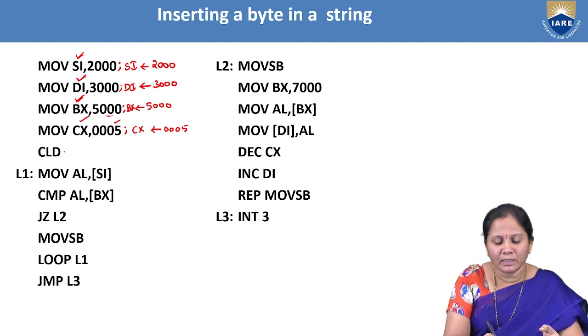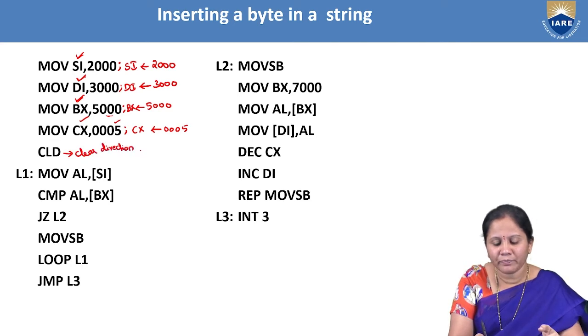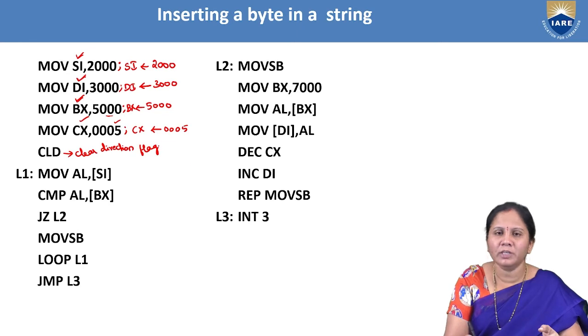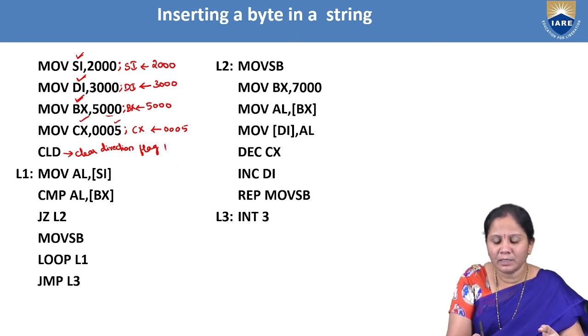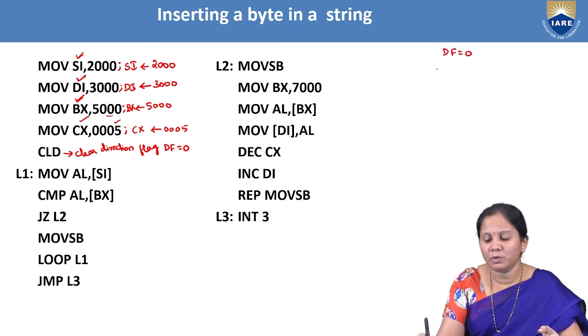And next here this CLD. So this is the instruction which represents clear direction flag. Clear the direction flag. That means here this direction flag will be equal to 0. And we know that if DF is equal to 0, the processor will be operating in auto increment mode.